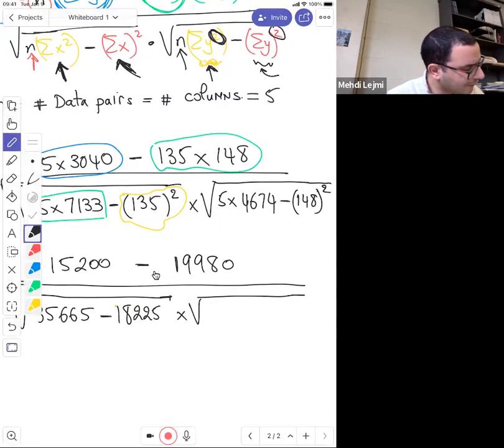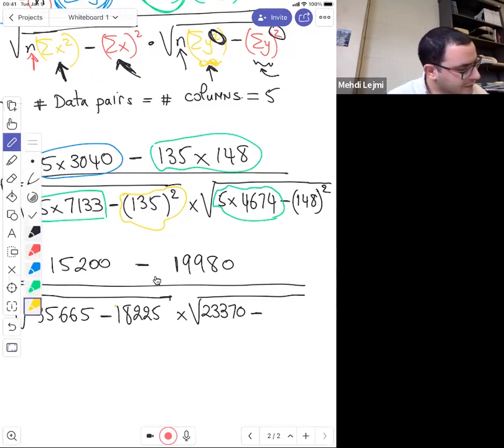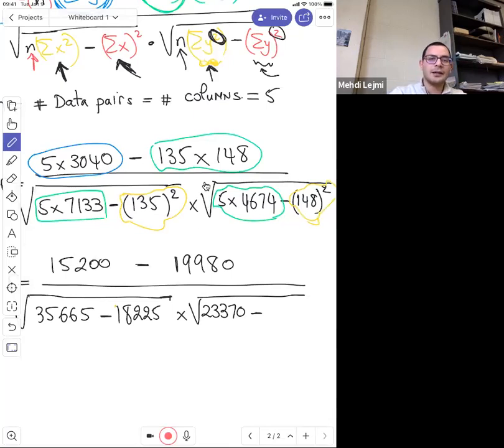So we need to do this 5 times the 4,674. So 5 by 4,674 will be equal to 23,370 minus, and then there is this 148 squared.